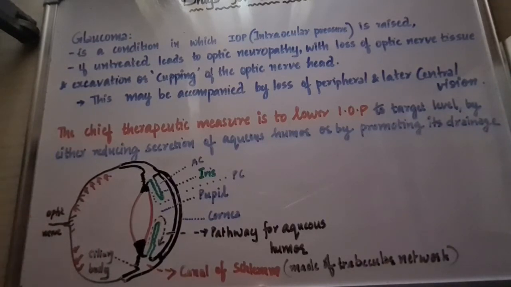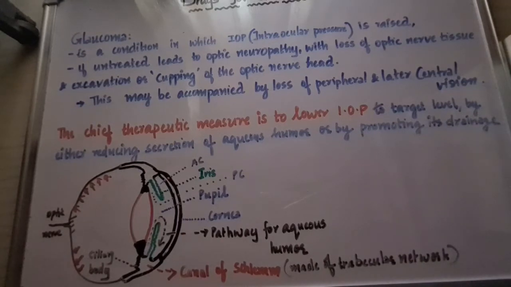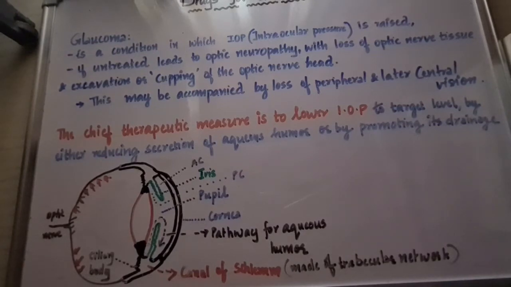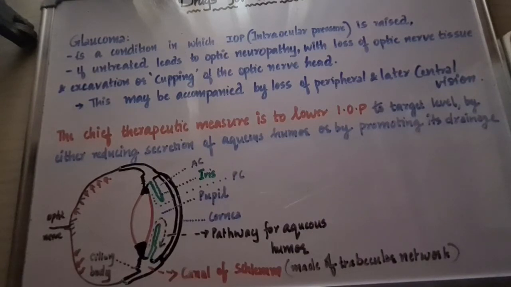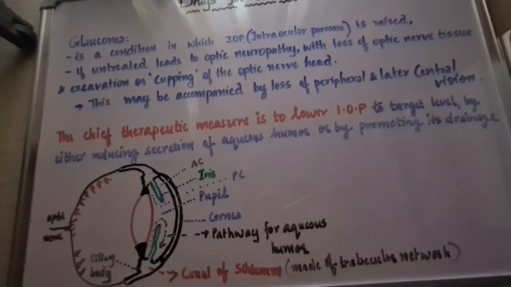It leads to damage of the optic nerve along with loss of optic nerve tissue, or excavation or cupping of the optic nerve head, that is, depression in the optic nerve head. That is what we call glaucoma. It may be accompanied by loss of peripheral and later central vision. Usually glaucoma is painless, but loss of vision is definite.